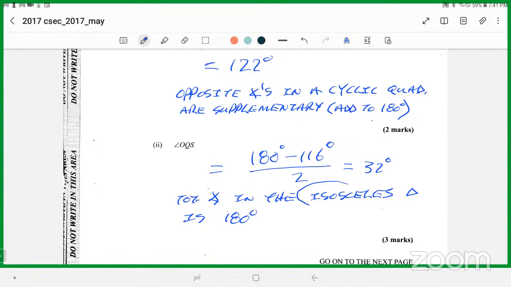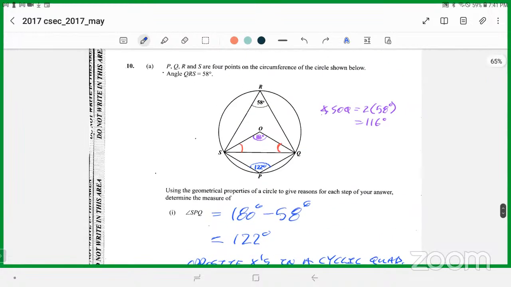So by saying it is isosceles, that is the justification for dividing by the 2. It means that 2 of the angles are equal, and the total angle is 180. That accounts for 180. And then the 116, we account for it up here. Put it on the paper, so the CSEC examiner sees it on the paper. That's where we get it from.